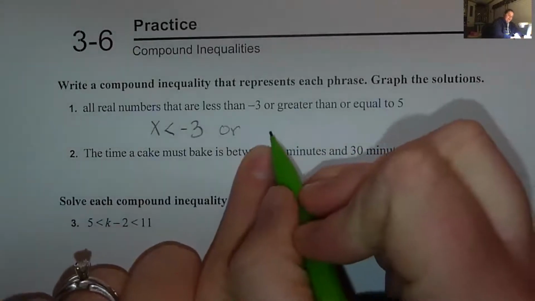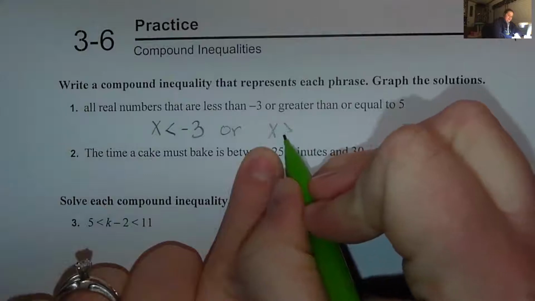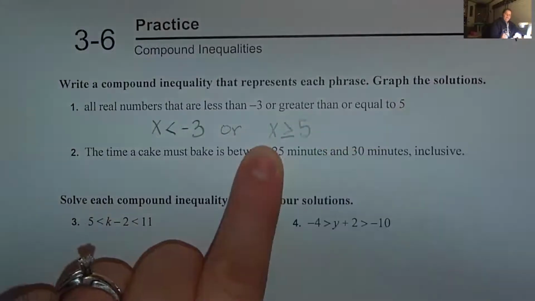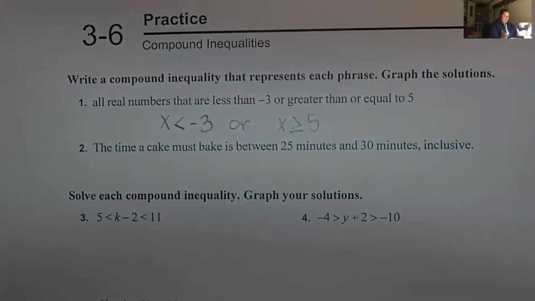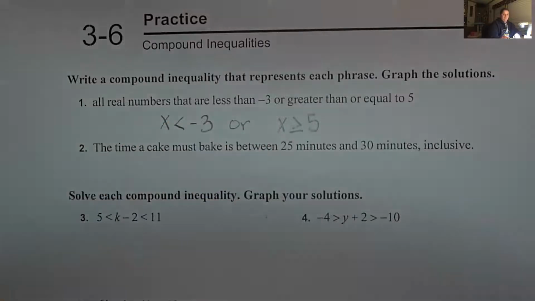That same X is going to be greater than or equal to 5. Now I have them both written out, because I wrote my compound, so two things. All we're going to deal with is just two things for your compound. So I have X is less than -3, or X is greater than or equal to 5.